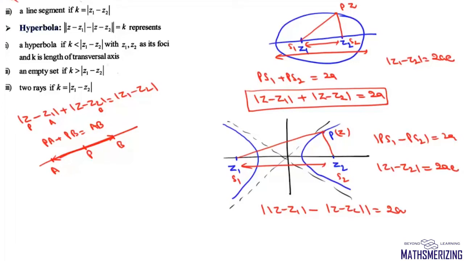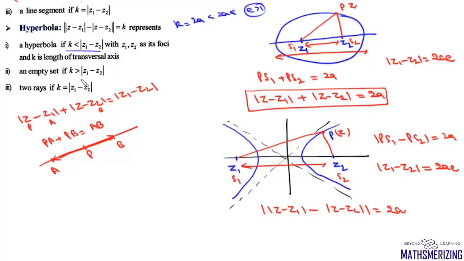So if mod of Z minus Z1 minus mod of Z minus Z2 is k, it will represent a hyperbola if k is less than mod of Z1 minus Z2. In this case, k is again 2a and it will be less than 2ae, since for a hyperbola e is greater than 1.